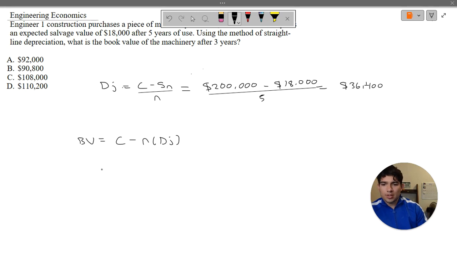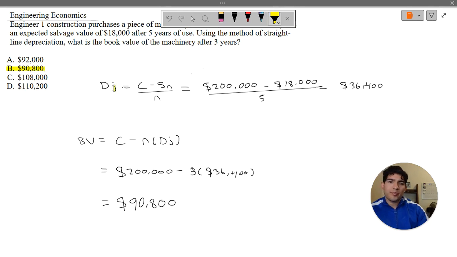So in this case, we have $200,000 as our initial cost minus 3 years in this case times the annual depreciation, which is $36,400. So then we just need to solve that, and we get our answer, which in this case is $90,800. So if we go to our multiple choice, our answer is B.